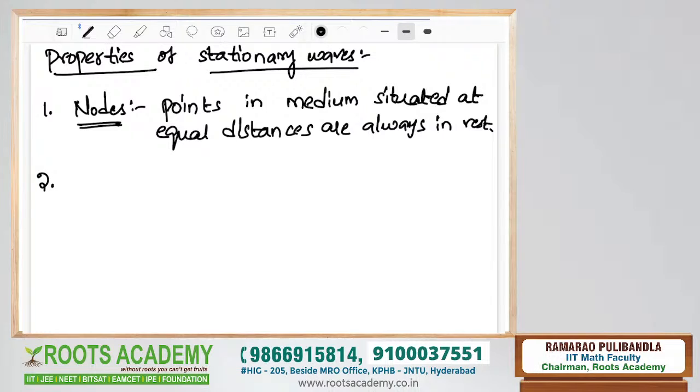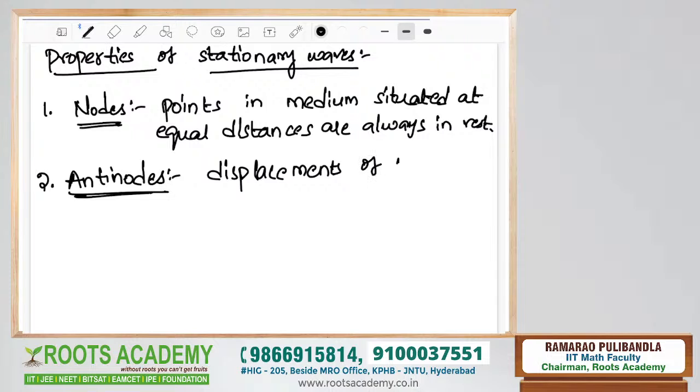And antinodes: the pressure and density are maximum at the nodes if the stationary waves are longitudinal. So let's look at the definition of antinodes. Antinodes are the points in between the nodes where the displacement is always maximum.